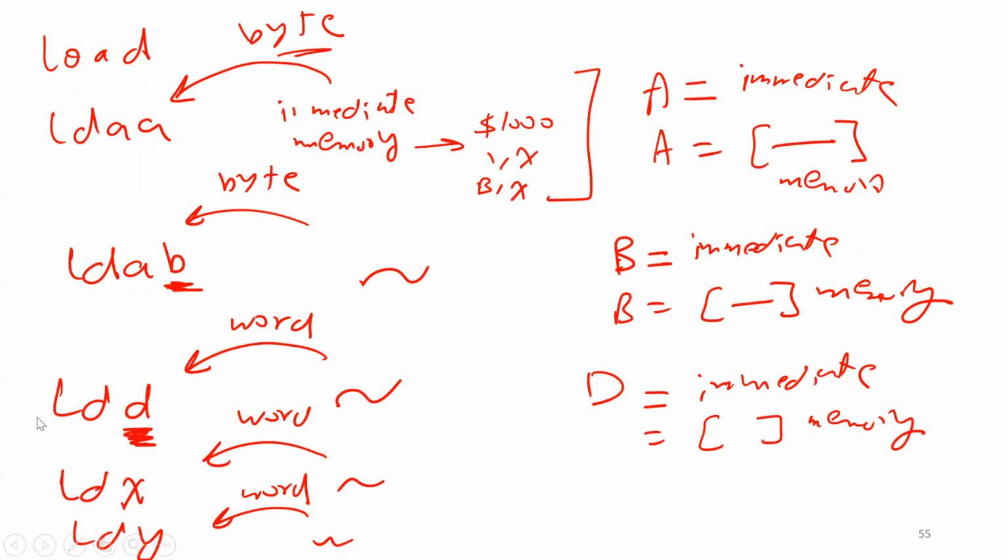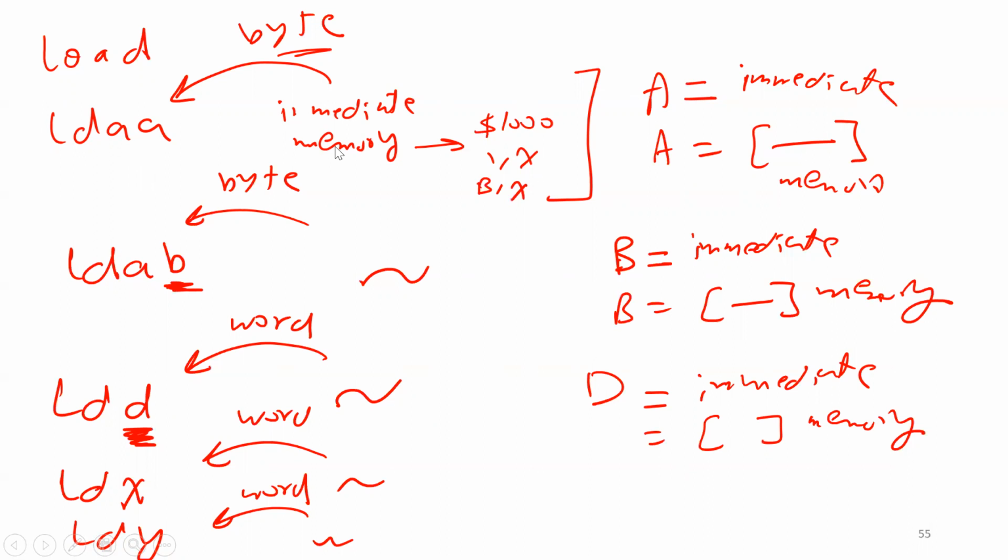Anyway, these are all the load instructions we have. You can say load accumulator A. I told you the word accumulator, we use it for A, B, and D. An accumulator is a register, so load register A, and then you should put here either an immediate value or a memory address.